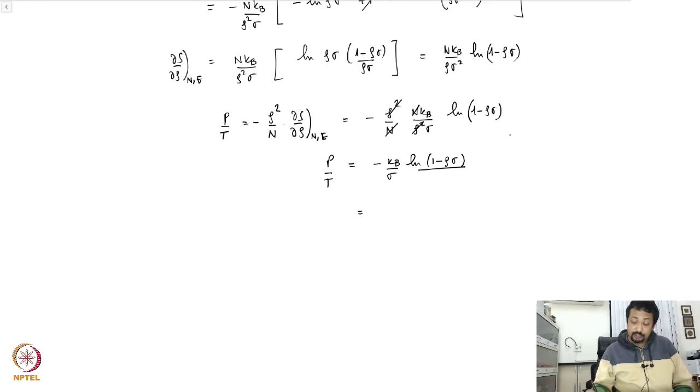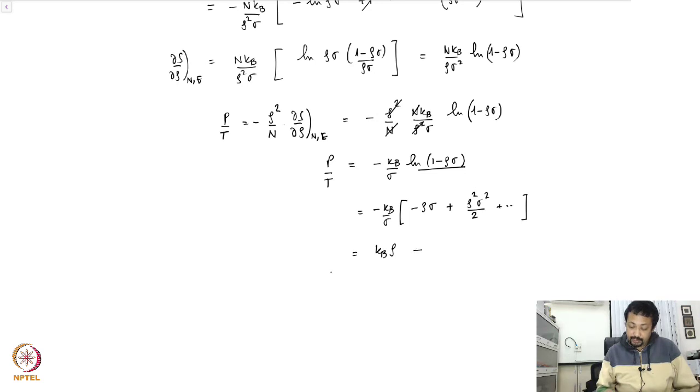The first term is going to be minus of minus rho sigma plus rho square sigma square divided by 2 and higher order terms, so that the first term I have is kb times rho, and then I have minus rho square sigma kb divided by 2 plus higher order terms, P by T.